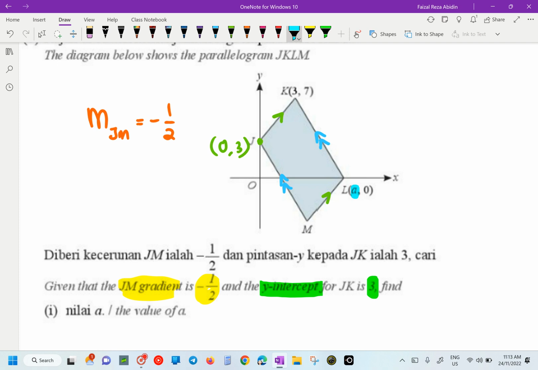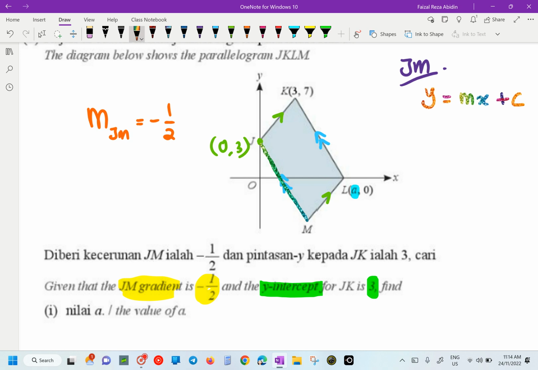But I can find the equation of straight line by using what is given there. Gradient of JM. It means I'm going to find what first? The equation of straight line for our JM. How? By using y equals mx plus c. Am I right? For JM. Okay, JM here. This is our JM.